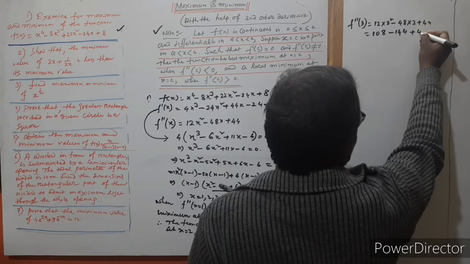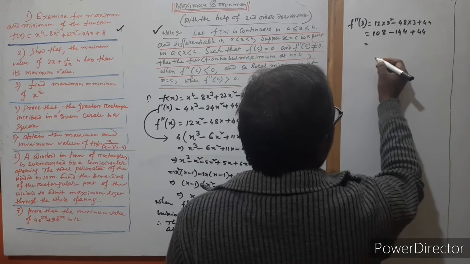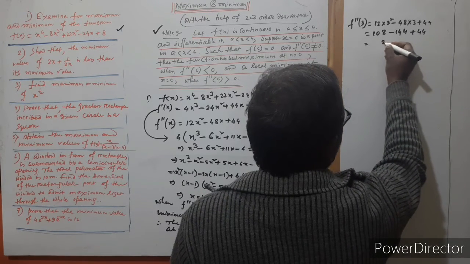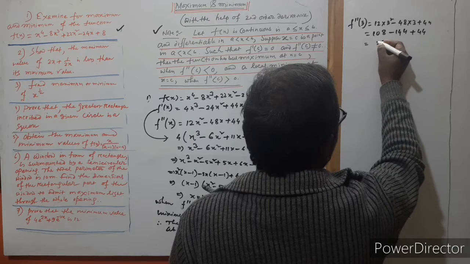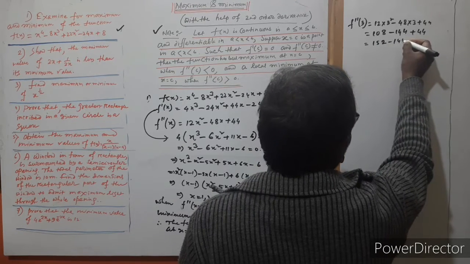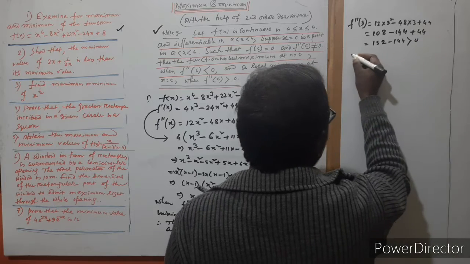This is here 2, 5, 1 minus 1, 44, more than 0.